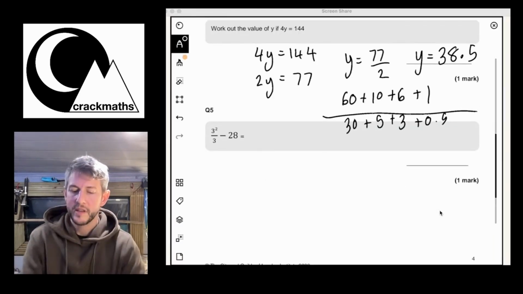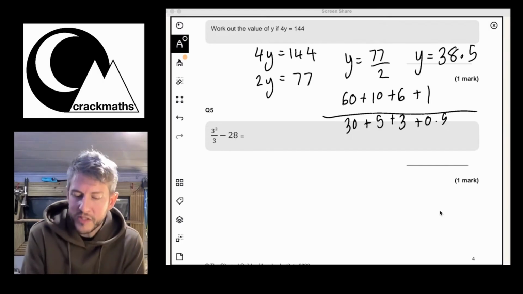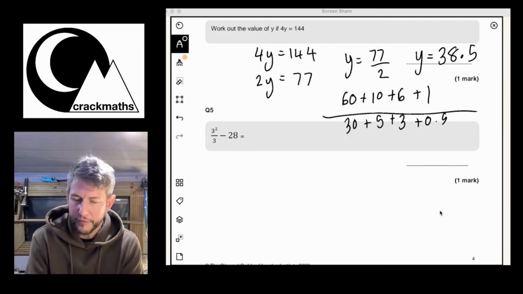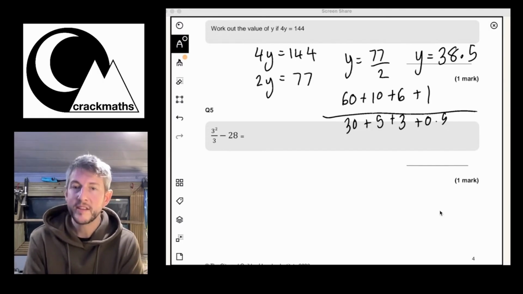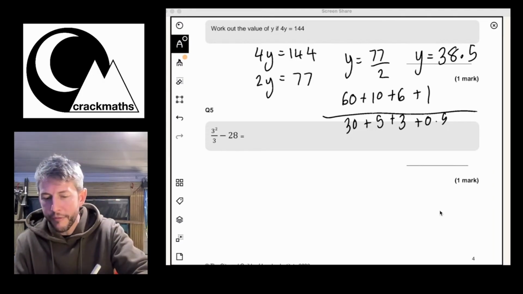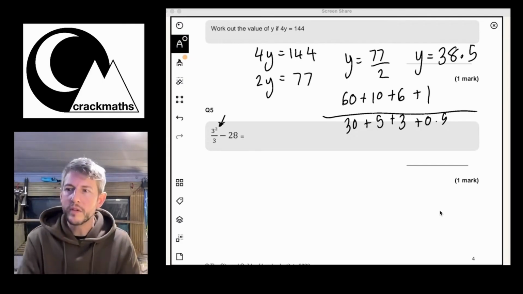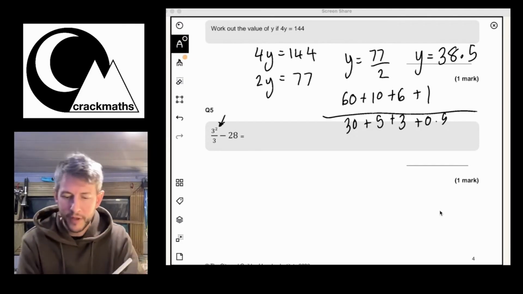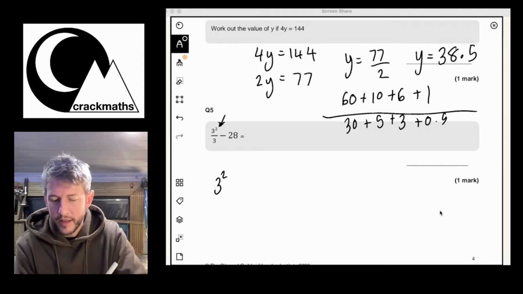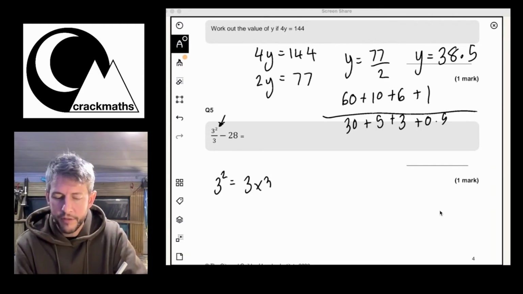Question 5. So here we have 3 squared divided by 3 take away 28, and we want to know what that is. So we need to remember that 3 squared, this little squared sign, means you multiply the number by itself. So 3 squared equals 3 times 3.